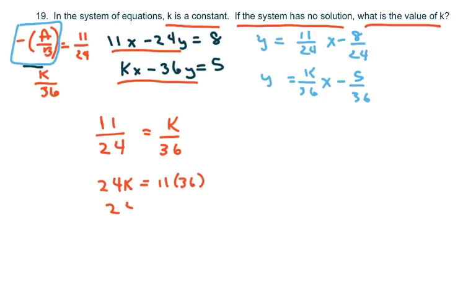So 24k equals 396. So k is 16.5. This is griddable, so you can either grid in 16.5 or you can grid in 33 over 2. Either one will be satisfactory.